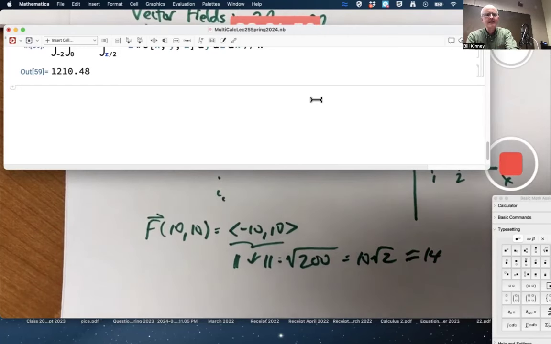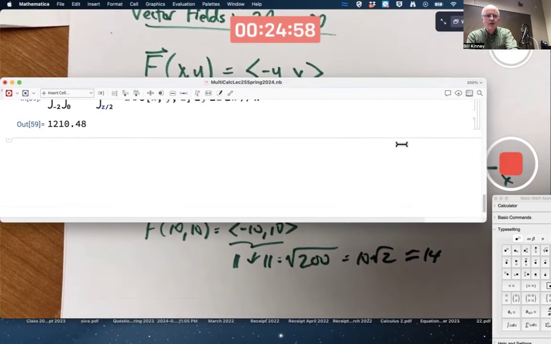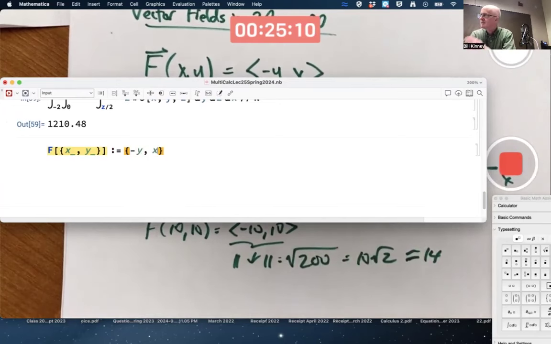Now, the most basic command to draw vector fields in Mathematica is VectorPlot. We can enter a vector field. One way to do it is like this, using, as standard in Mathematica, curly braces.